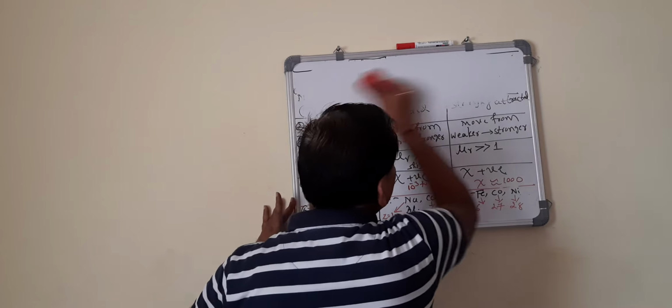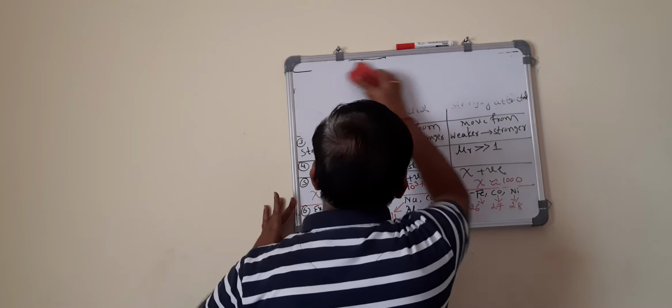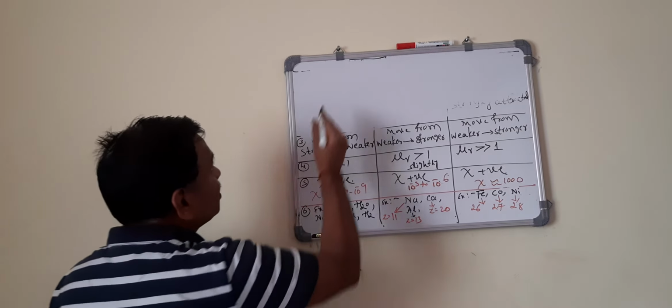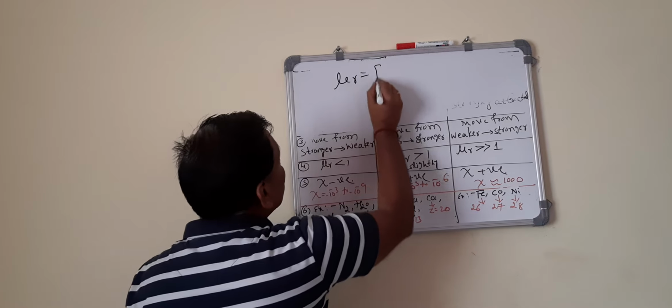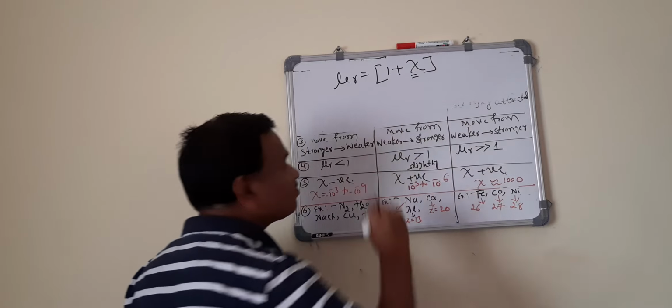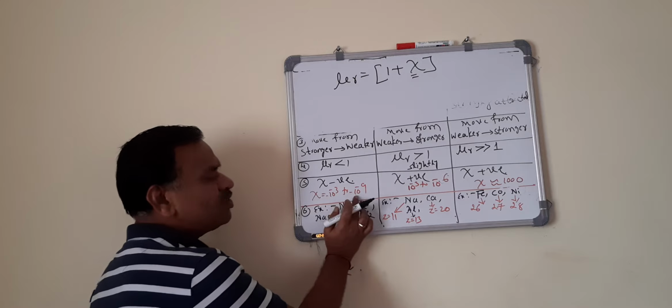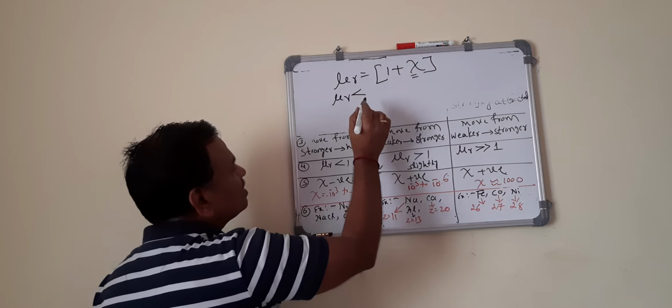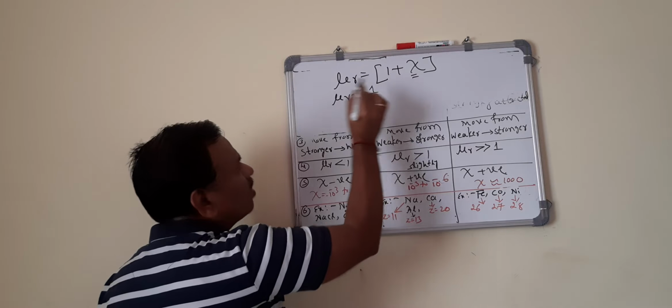I told you in the previous class the relation between mu r and susceptibility. You know that mu r equals 1 plus chi. For diamagnetic material, this chi is negative, so it is 1 minus something. But this value is very close to almost 0. That's why mu r is less than 1 here.